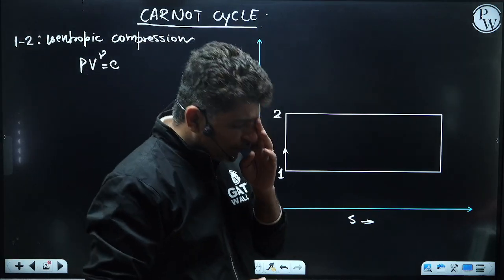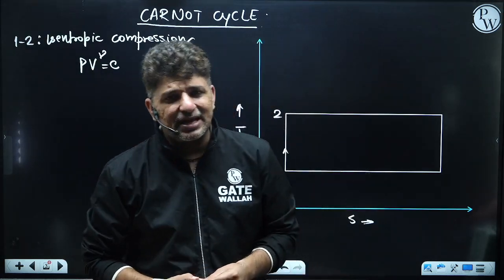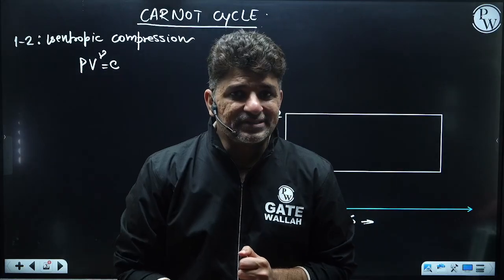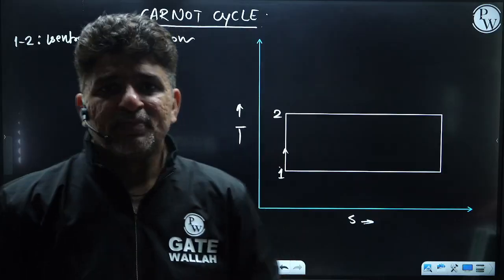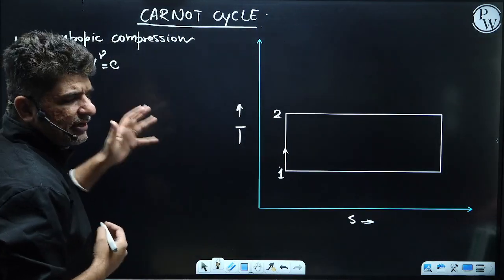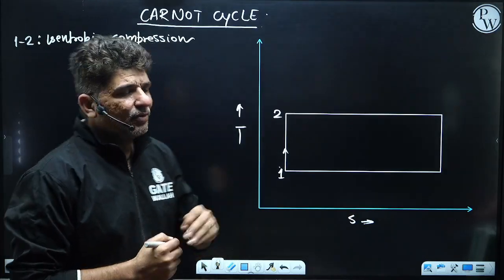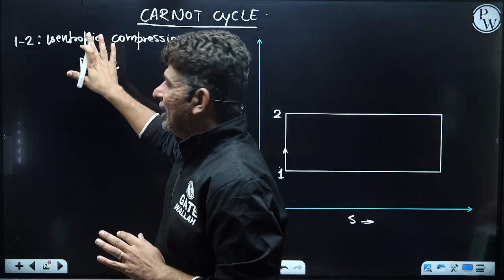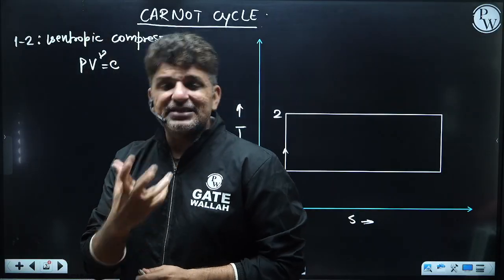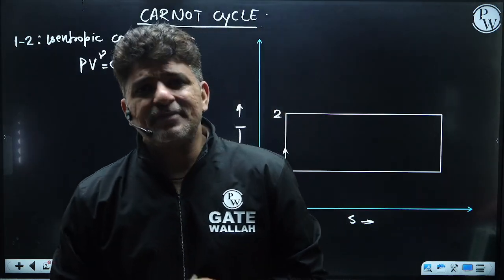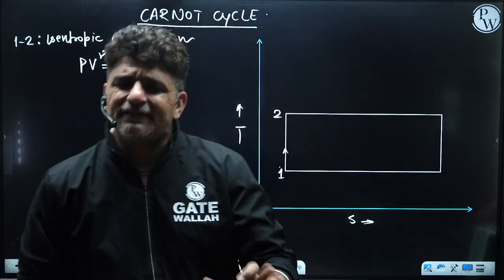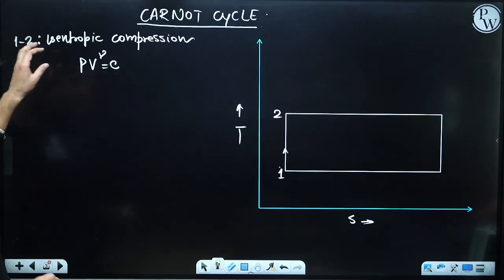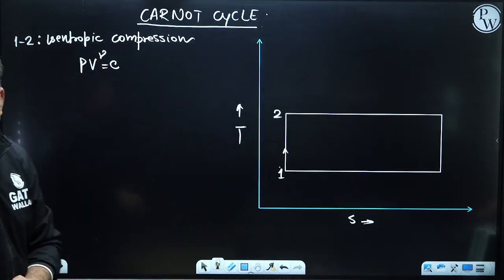Those of you studying this for the first time might not be aware of PV to the power gamma equal to constant, because if you have not studied basic thermodynamics, it will be slightly difficult to understand. Basic thermodynamics will be taught by Shivam sir, and most of you might have studied it in college, so you might be aware of what an isentropic compression process looks like.